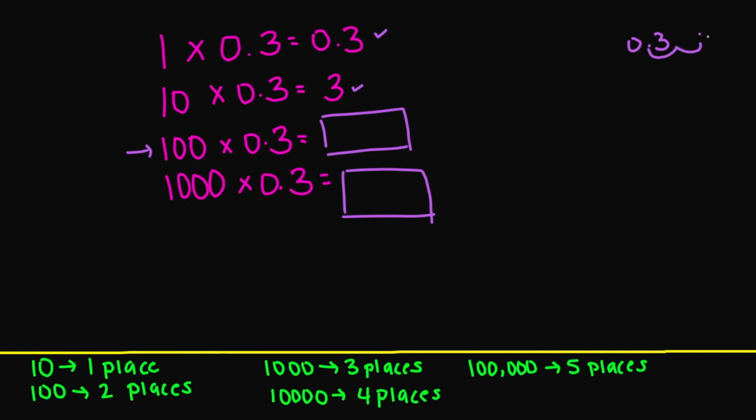It puts me right here. And you have your imaginary 0 here. So your new answer here is just going to be 30. Next, if I'm multiplying my factor by 1,000, I'm going to move my decimal 3 places to the right. So we have our 0.3 here. If I do 3 places to the right, this is going to be 1, 2, 3. It puts me right here. And then you have your imaginary zeros here. So your answer is going to be 300.